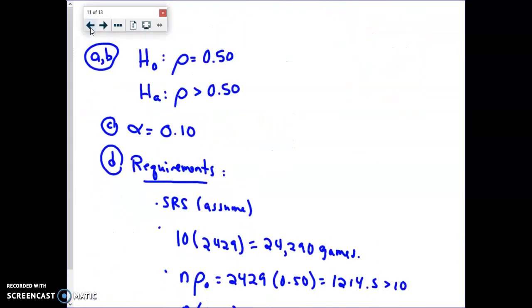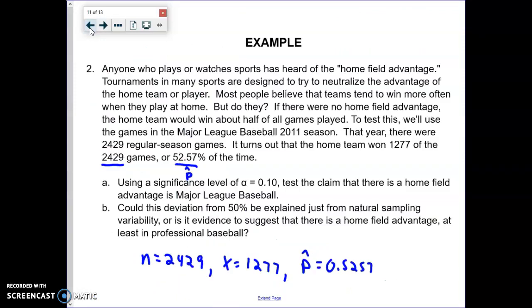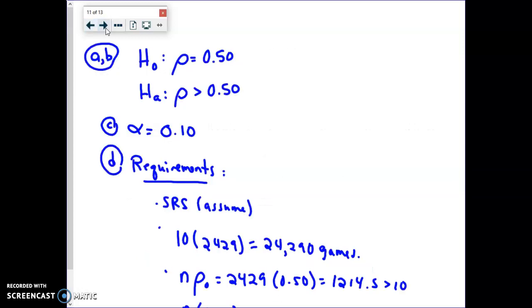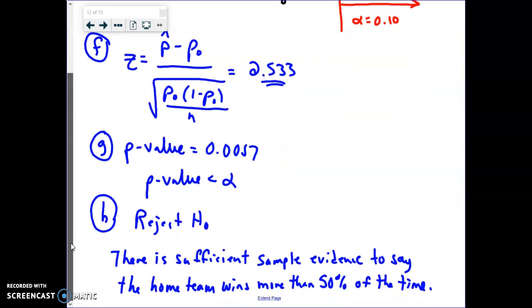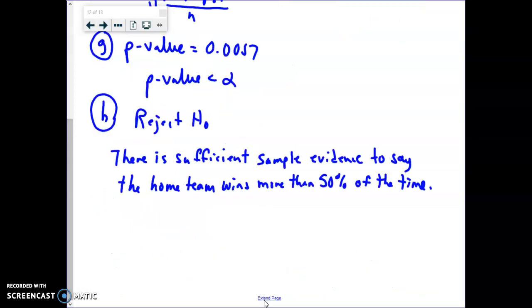Now, the reason I wanted to just go back, there was one last question that it asked. It says, for part B, could this variation from 50% be explained just from natural sampling variability, or is there evidence to actually suggest that there is a home field advantage in Major League Baseball? Well, according to our data, the difference of our sample from other samples is pretty extreme.